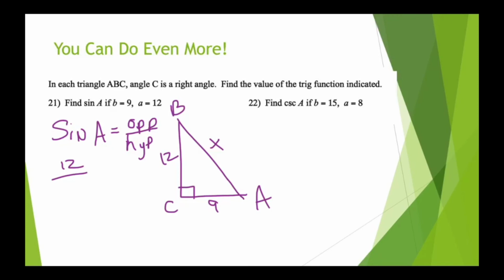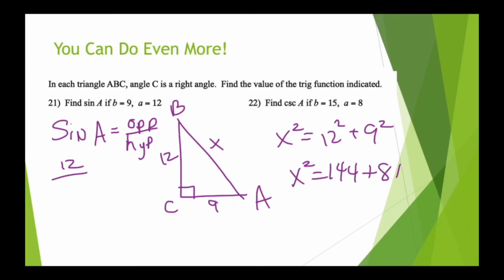We're going to have to do the Pythagorean Theorem. X squared equals, because that's the hypotenuse, 12 squared plus 9 squared. X squared is 144 plus 81. 144 plus 81 is 225.